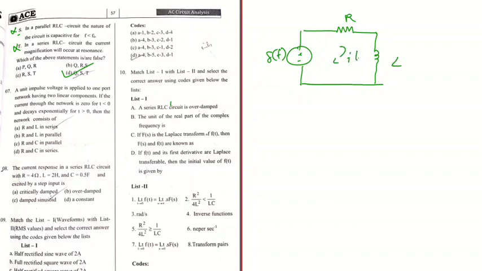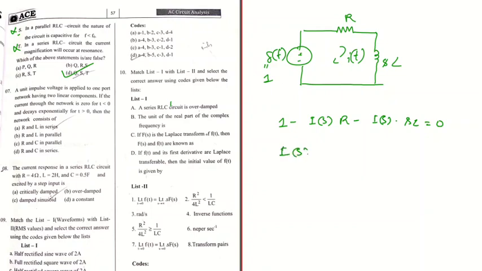The current is i(t), and writing Kirchhoff's law, actually we can write it after taking the Laplace transform. We know that the Laplace transform of delta(t) is 1. So writing 1 minus I(s) into R minus I(s) into sL equal to 0.